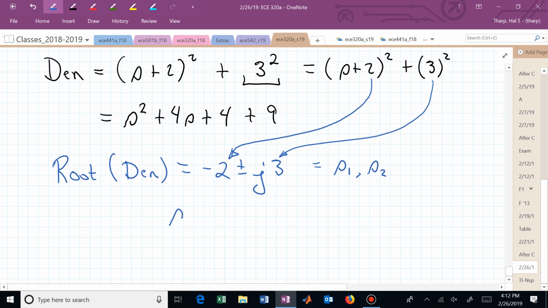So s1 is minus 2 plus j3, and s sub 2 is minus 2 minus j3.